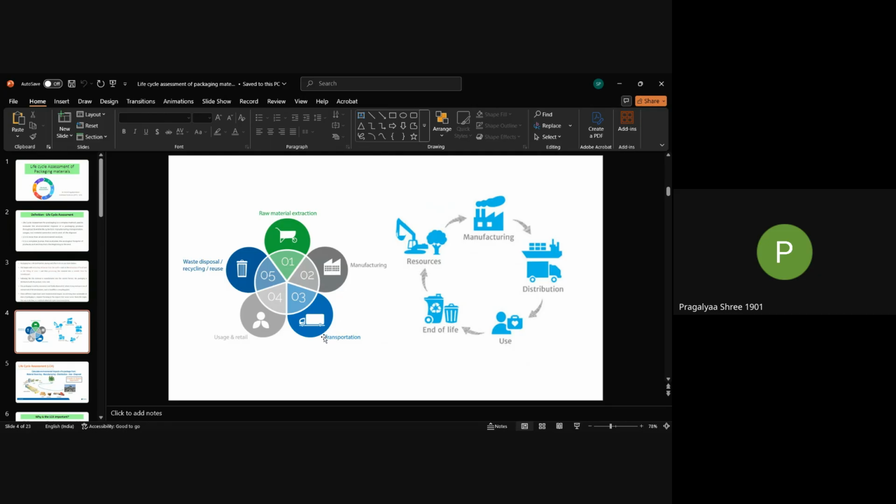After containing the food, the package with food is transported to the retailers or consumer point, where it is sold out. Once it is sold, the consumer will utilize the food, and finally dispose of it. After disposal, it may go to a landfill, or it may be recycled into some other form. So this cycle only we are going to study. This is nothing but life cycle assessment of a packaging material.